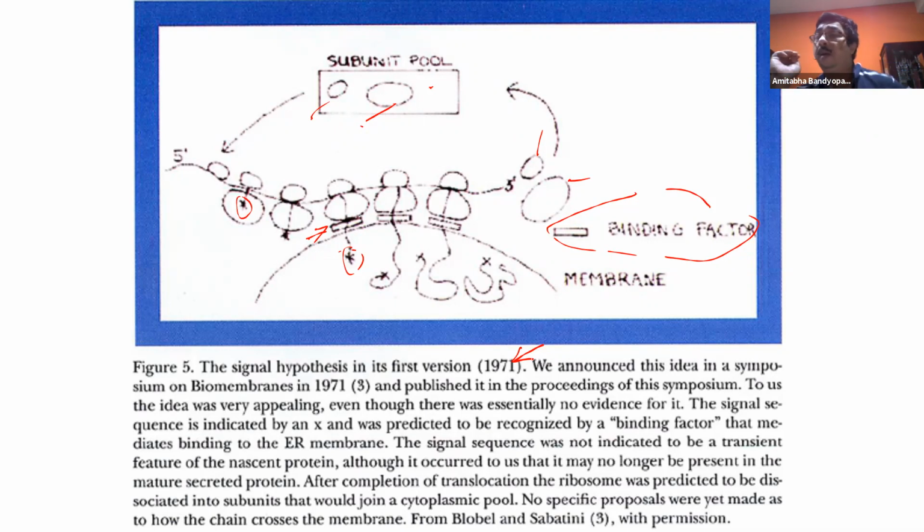And there was already evidence with IgG, etc., that there is a special sequence in the terminus which is not there in the mature protein. So he connected all the dots. This is the hallmark of a fantastic scientist.